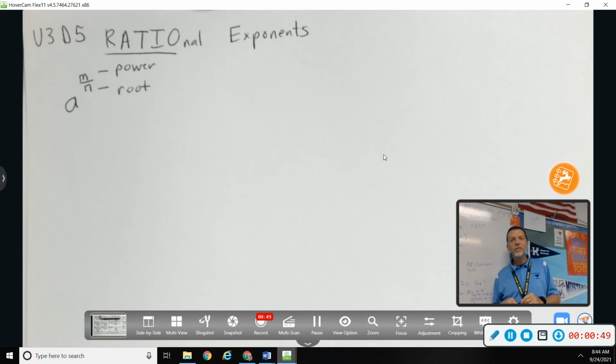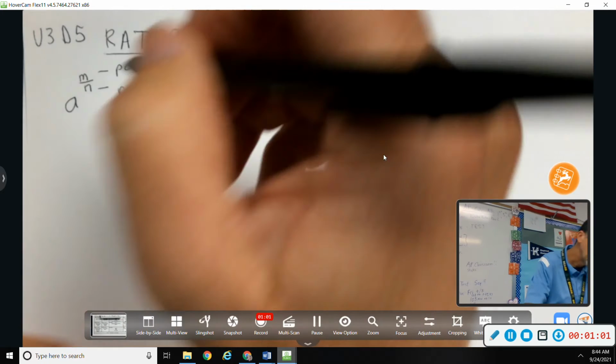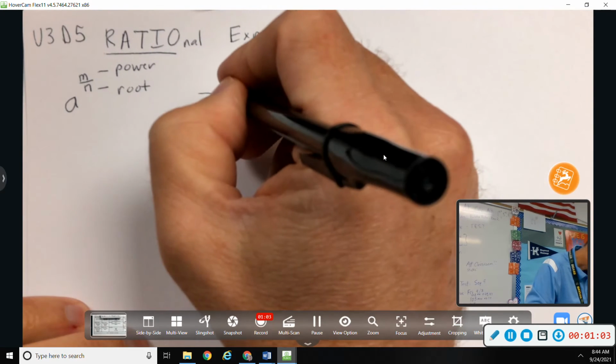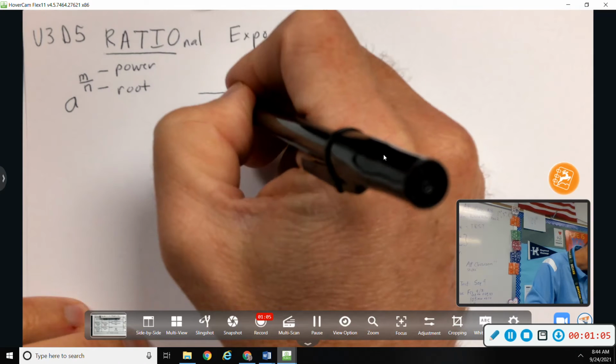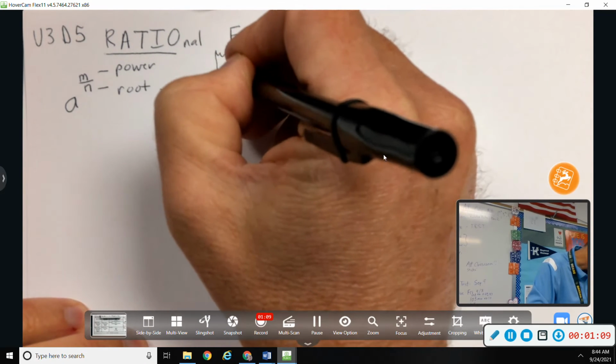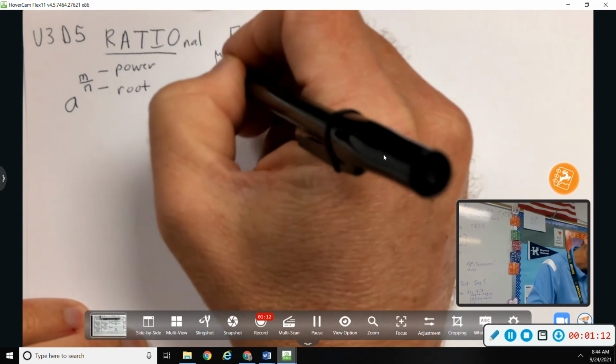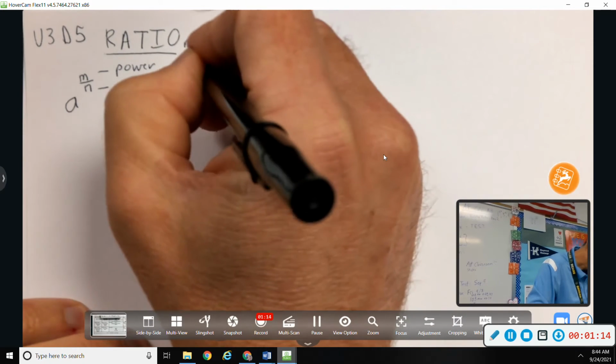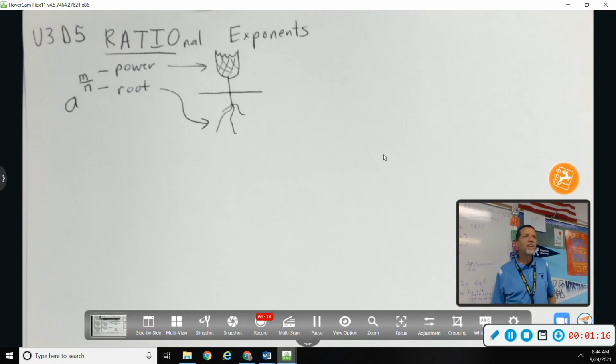I don't think any of y'all have had Mr. Rainey, or maybe you've seen this anyway. The flower power grows on top, and the root grows underneath, just like a plant. It's really silly, just because it rhymes. The power's on top, the root grows underneath.